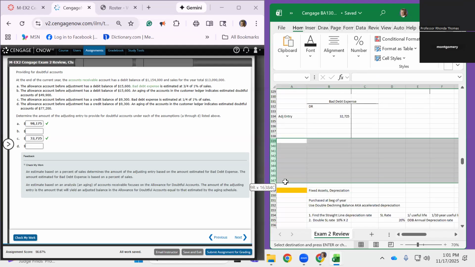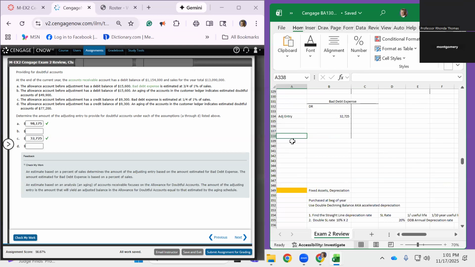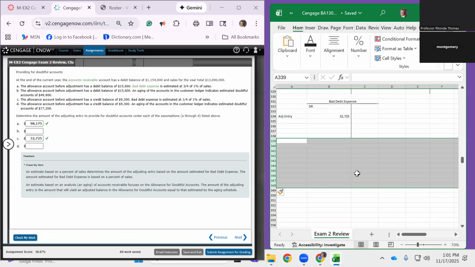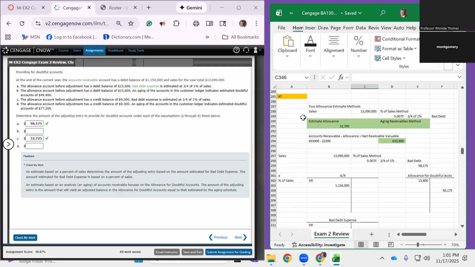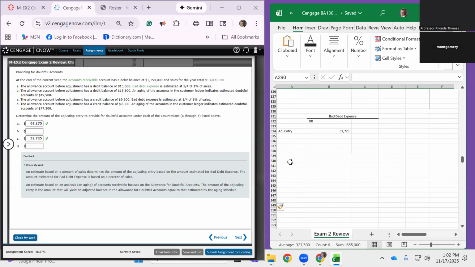Now we're going to use the method that GAAP really prefers. They really prefer that you have an allowance in your chart of accounts, and they prefer that you use aging the receivables because it actually looks at the age of the receivables when you're calculating how much you want to go in that allowance account.